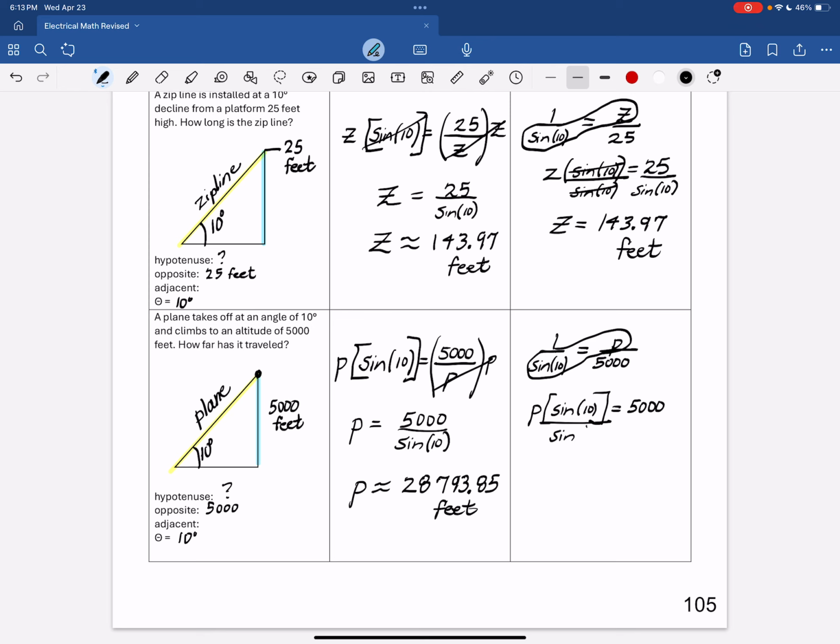And again, we divide out sine of 10. So the plane is approximately 28,793.85 feet into its flight path.